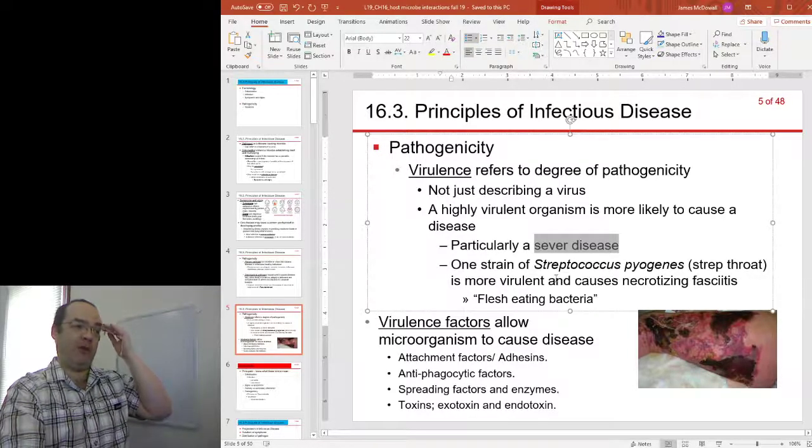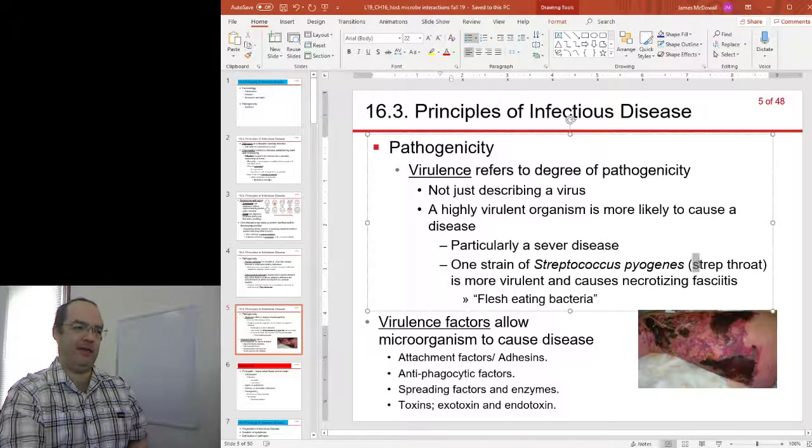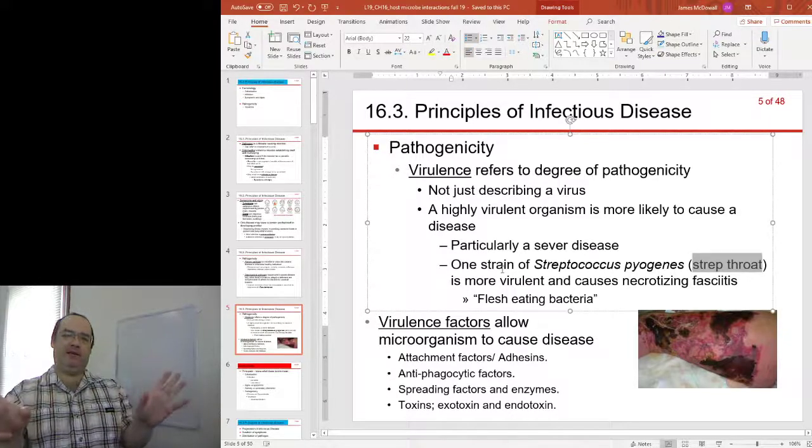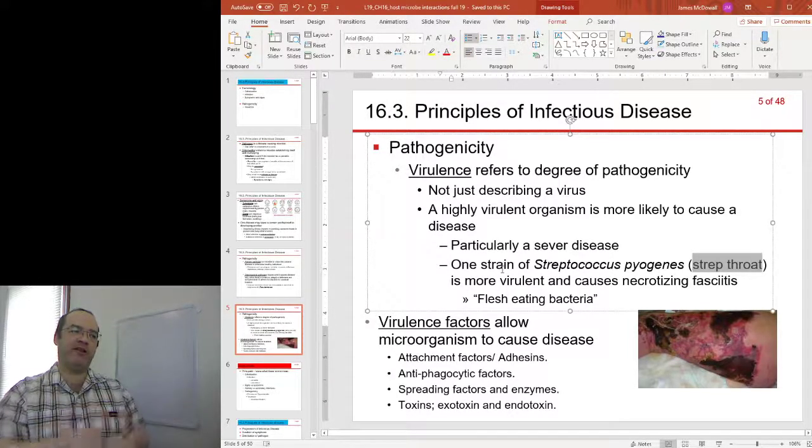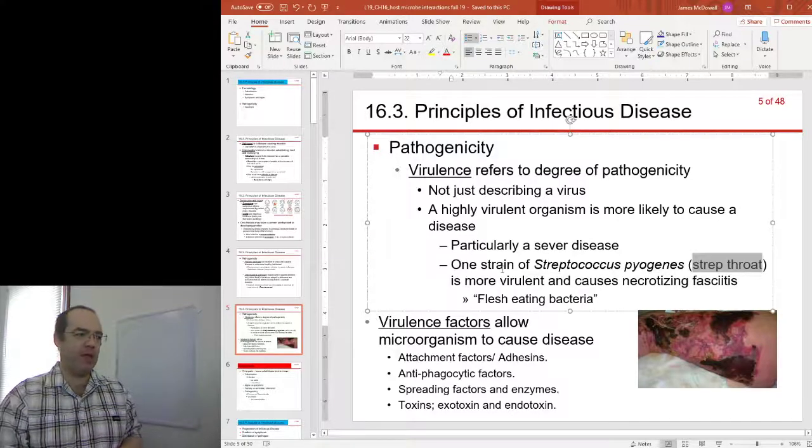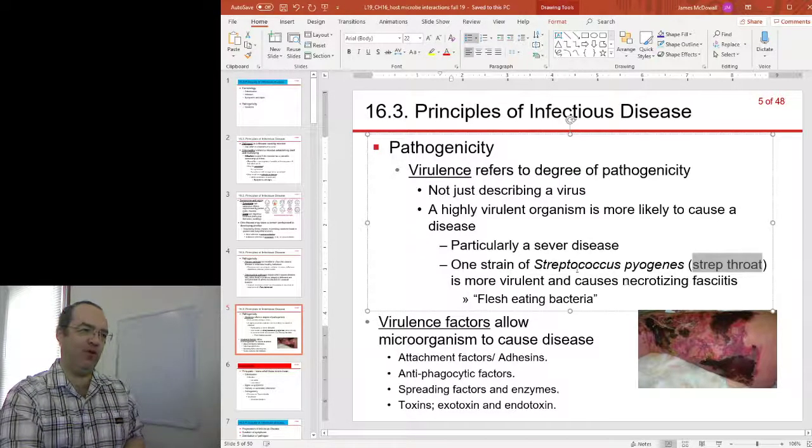So Streptococcus pyogenes, the one that causes strep throat. There are different strains. Some of them are more virulent than others. A more virulent form of strep can turn into flesh-eating bacteria.